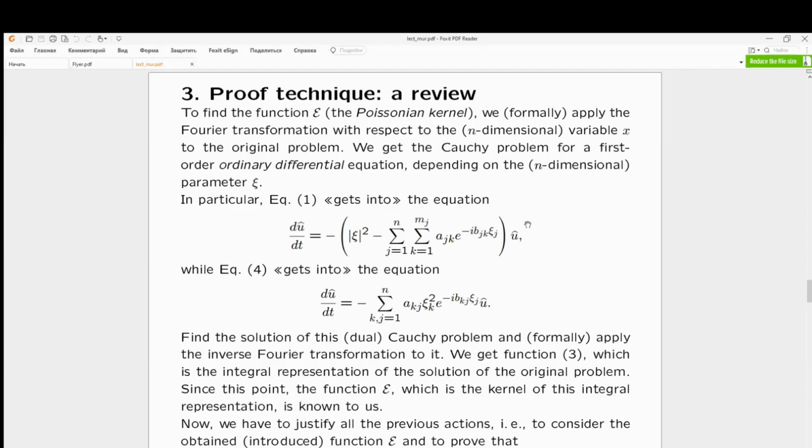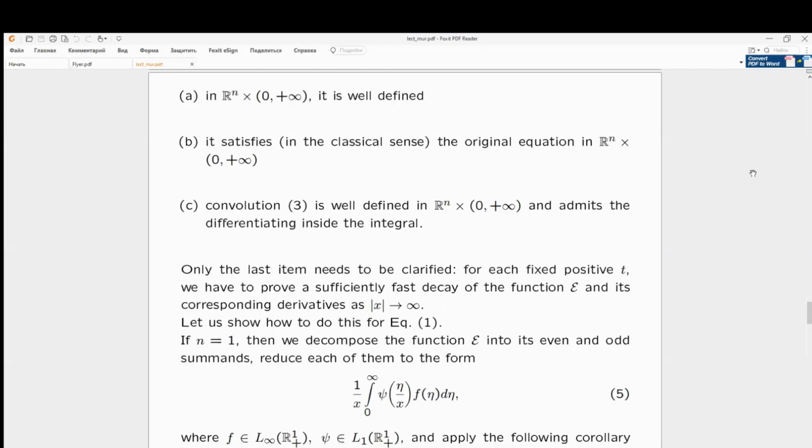But we do not justify the applying of our Fourier transformations. Instead, we just take this function 3, which is already known for us, and directly substitute it in our original equation. And to do that, what should we do?